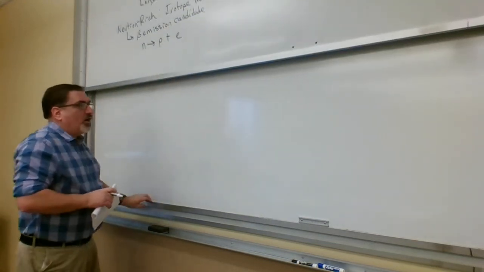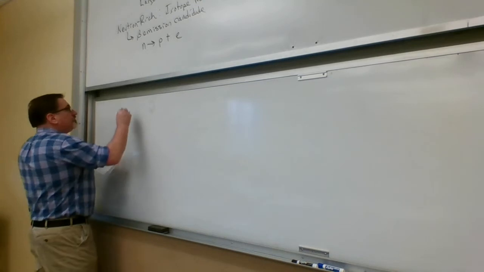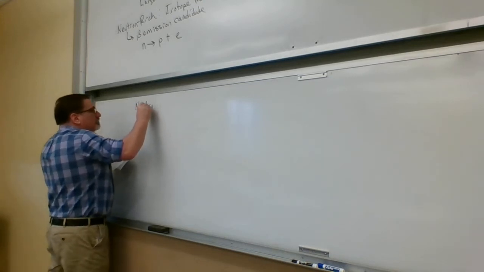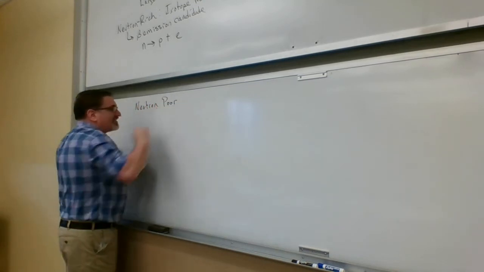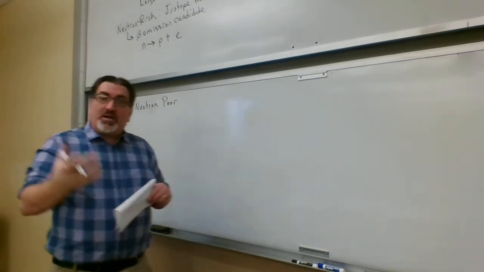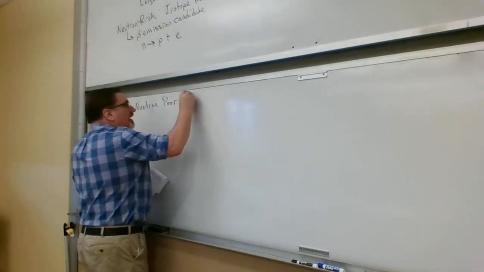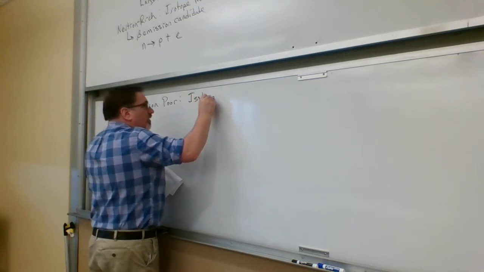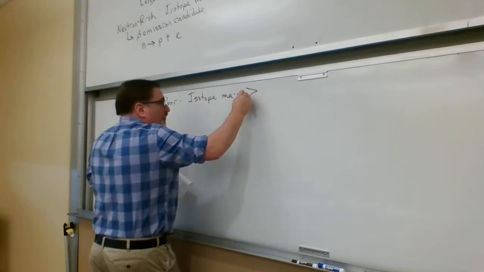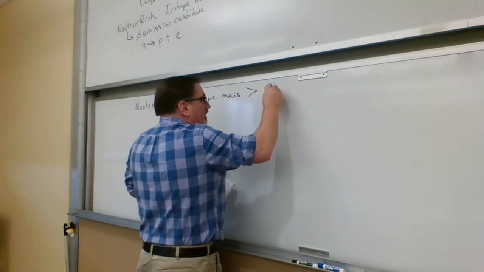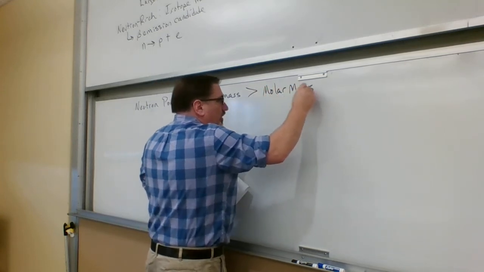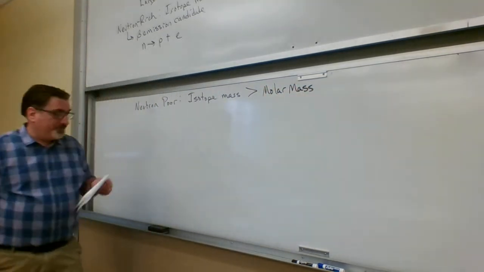Some of the elements are neutron poor. I said element again, I mean isotope. Some isotopes are neutron poor. That means that the isotope mass is less than the molar mass on the periodic table for that element.